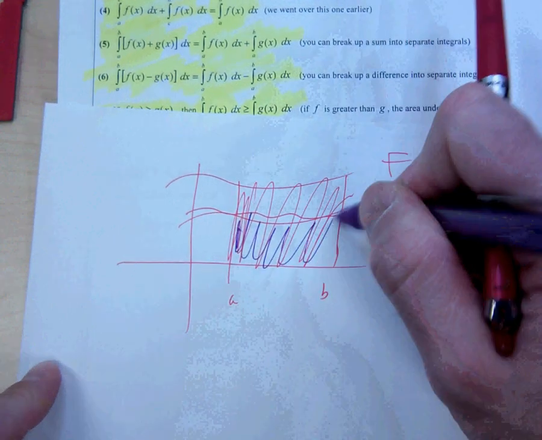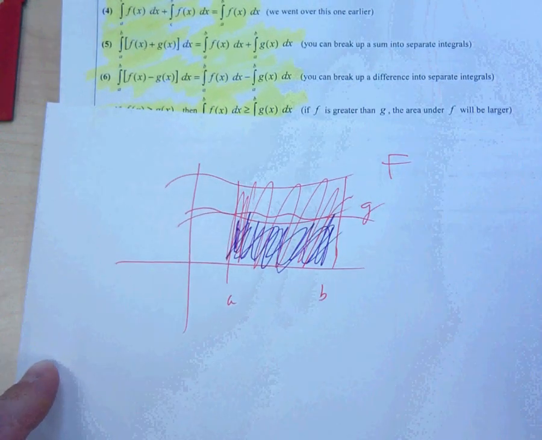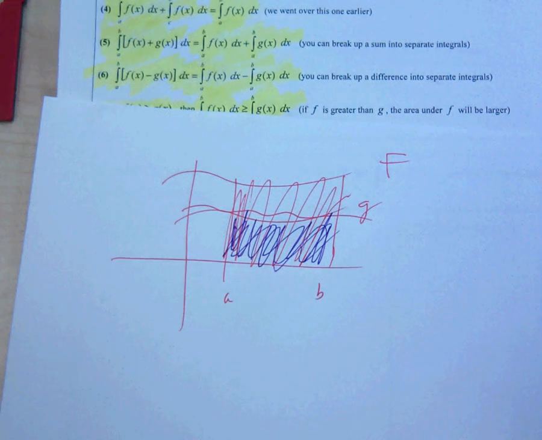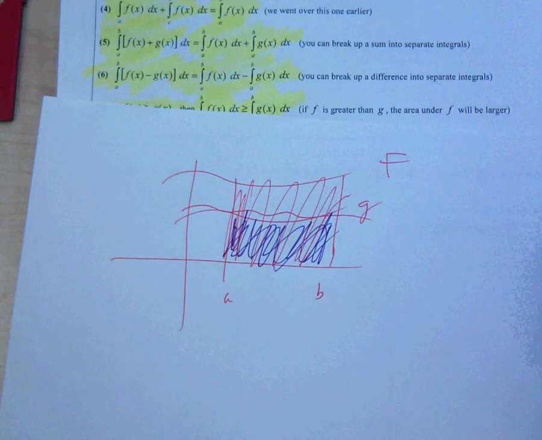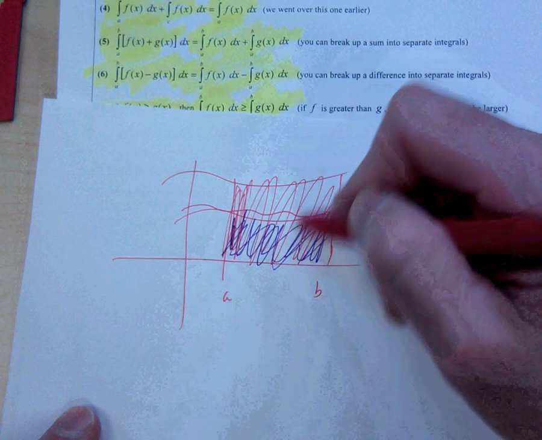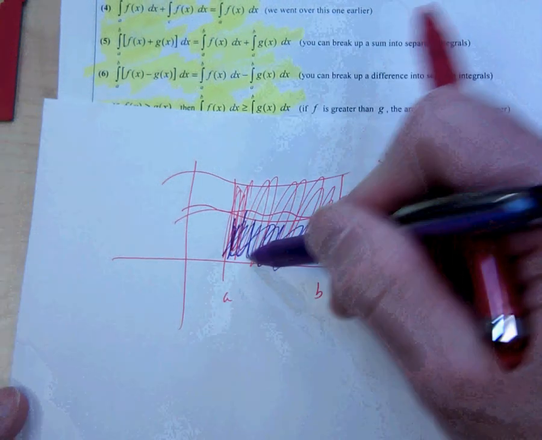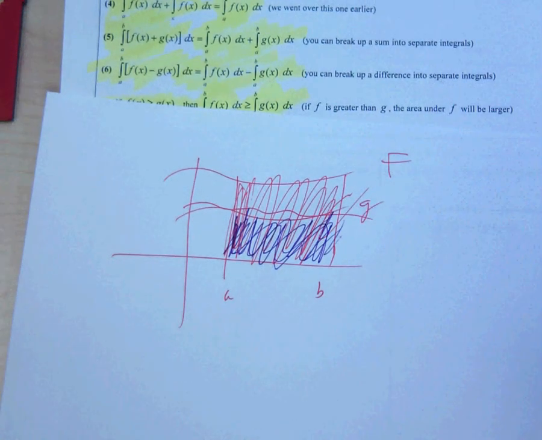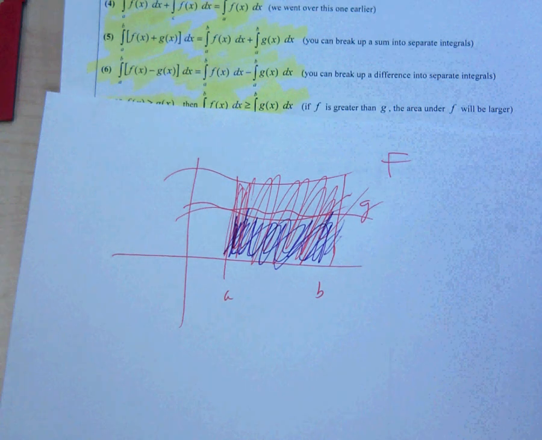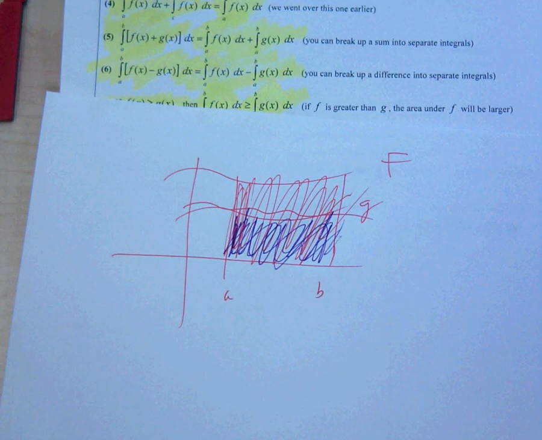Isn't that common sense? Won't the red area under f be greater than or equal to the purple area under g if f is greater than or equal to g? Does that make sense? Common sense, isn't it? Yes or no? All right.